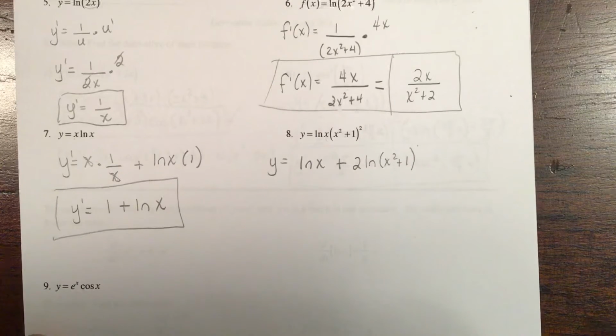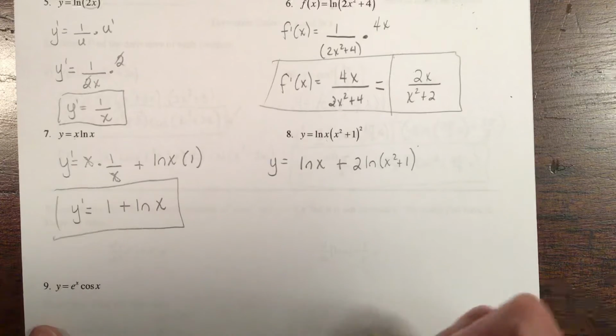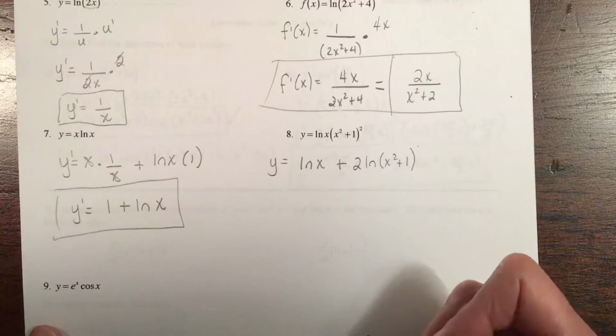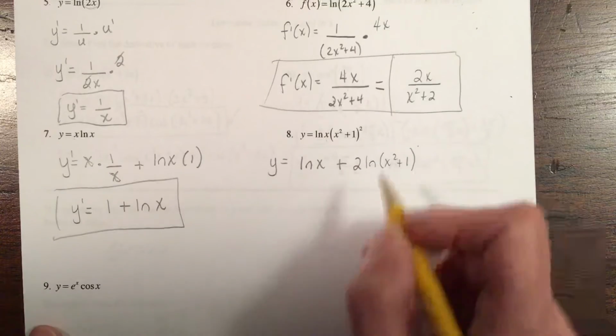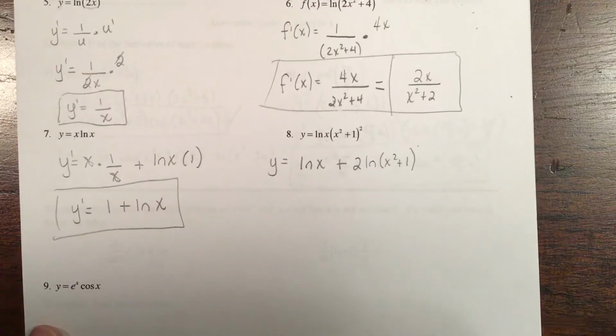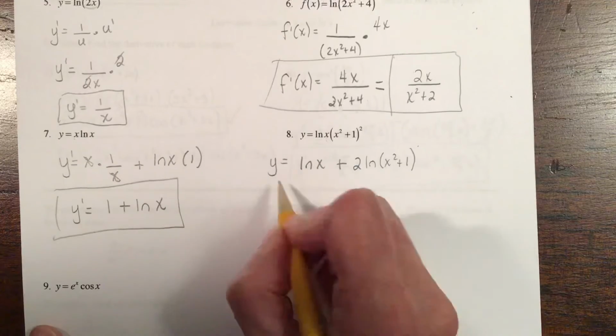Now, I've mentioned this to you guys in class all the time, we have to go back and remember the things we already know and apply them to the new things that come up. This is a big deal in calculus, understanding that we're using old math all the time.